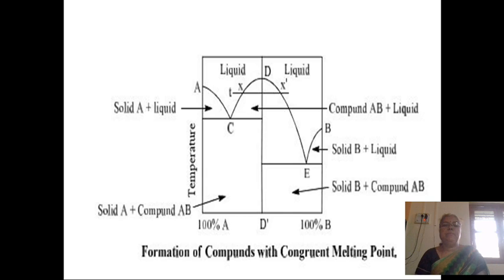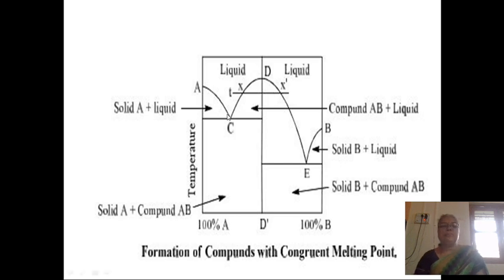In case of ferric chloride-water, we have four new compounds having congruent melting points. We will see first a general case, that means a formation of solid with congruent melting point.